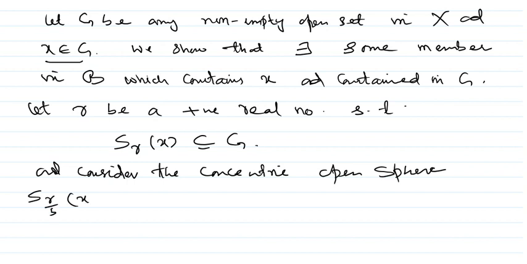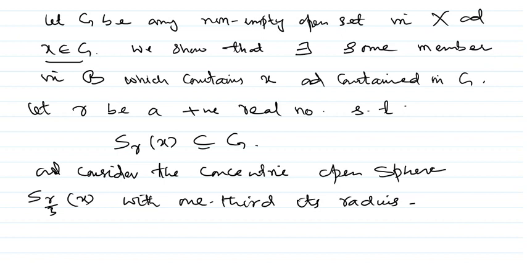Concentric means the center is the same, we just reduce the radius: a concentric open sphere with 1/3 its radius. So you have chosen r by 3.